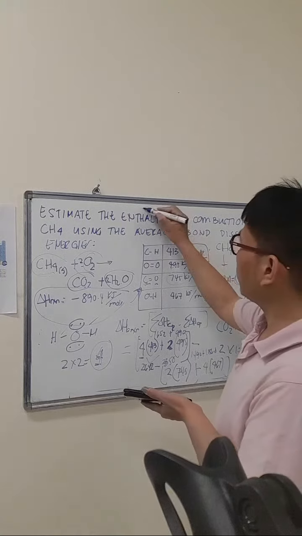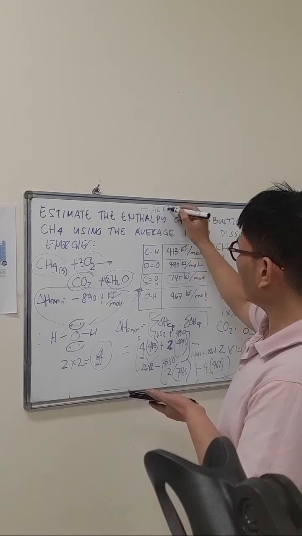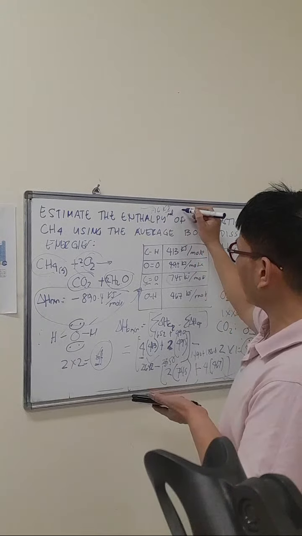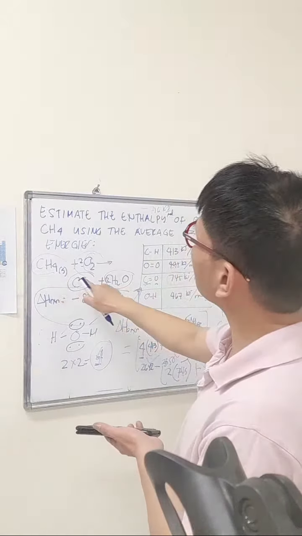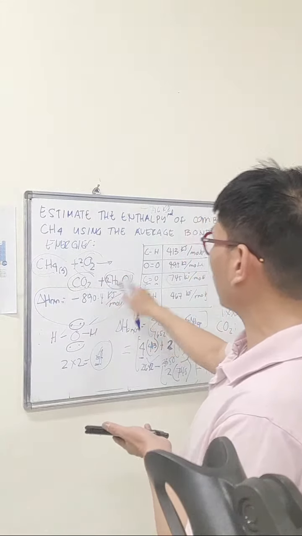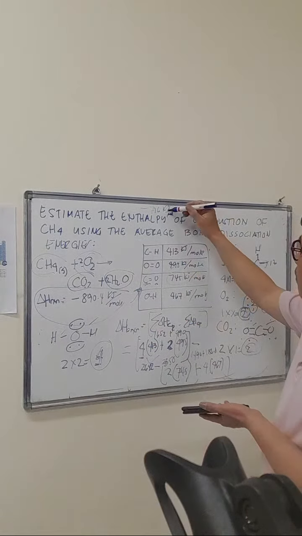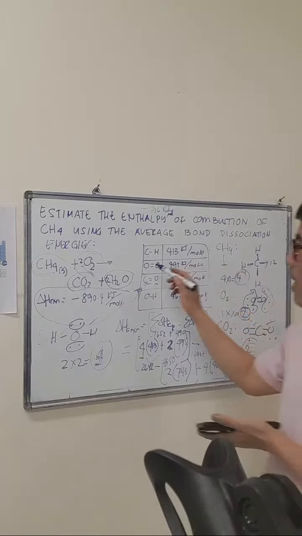So negative 716 kilojoules per mole is our enthalpy of combustion for the chemical reaction of methane gas plus 2 moles of oxygen gas equal to carbon dioxide gas plus 2 moles of water. It needs 716 of heat energy per mole to obtain this kind of reaction.